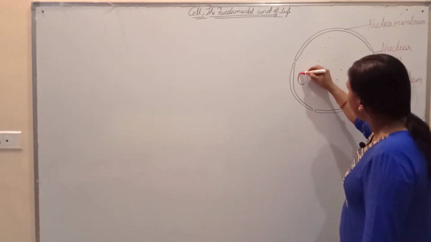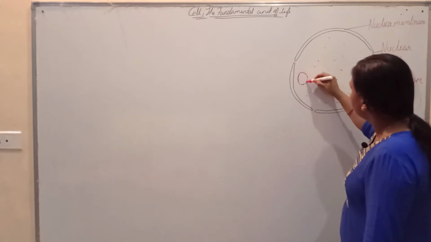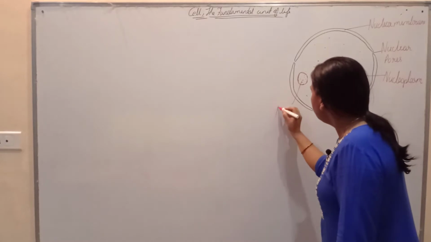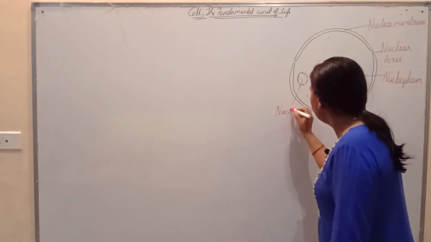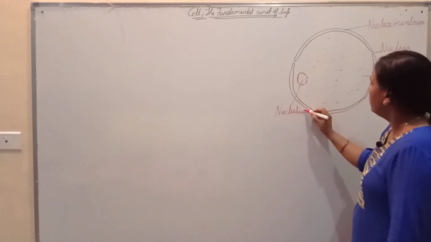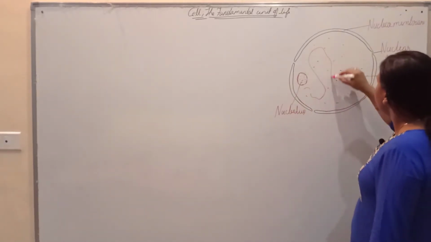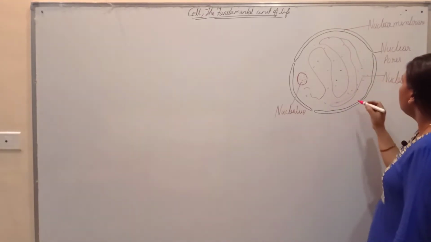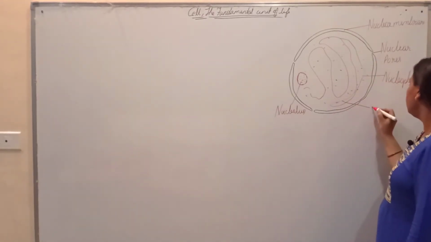This is called the nucleolus. A thread-like structure is scattered inside the nucleoplasm. These are called chromatin fibers.